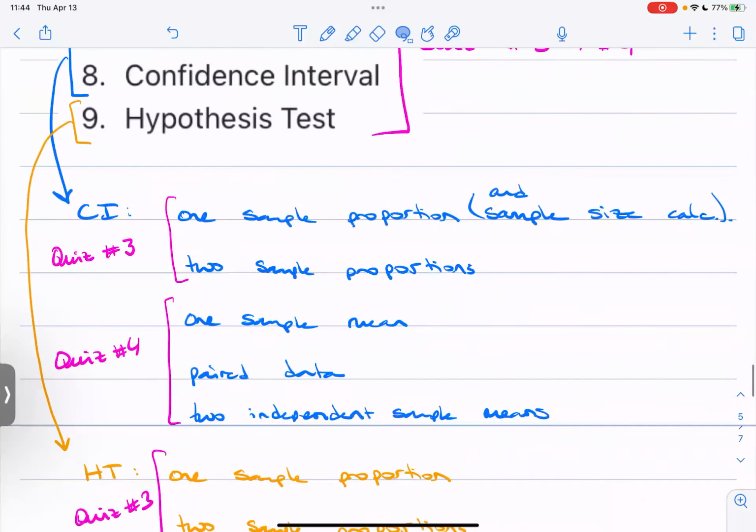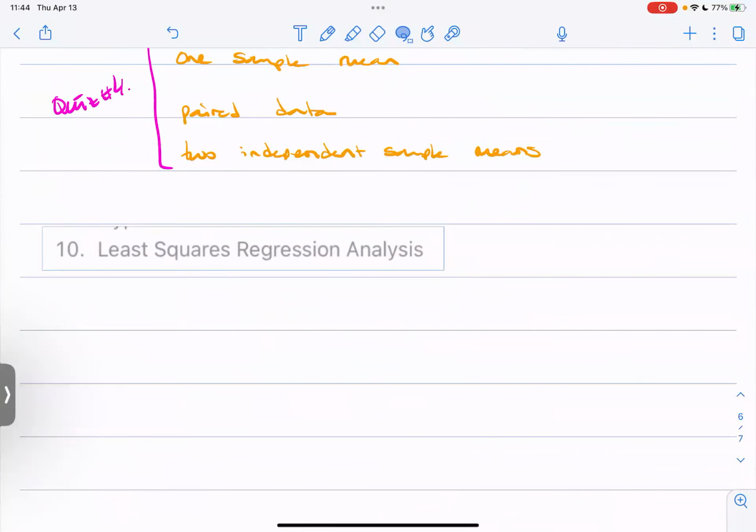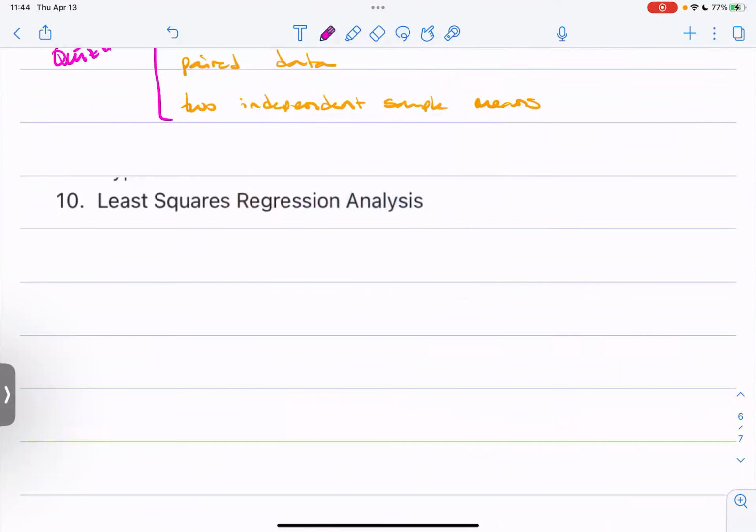And hopefully that doesn't backfire. No, it never does. So this one is not tested yet, but it'll be around 15 marks out of 95. So it's quite important.